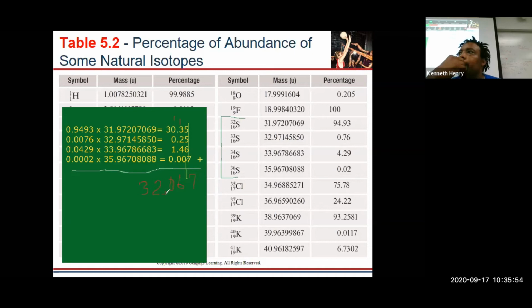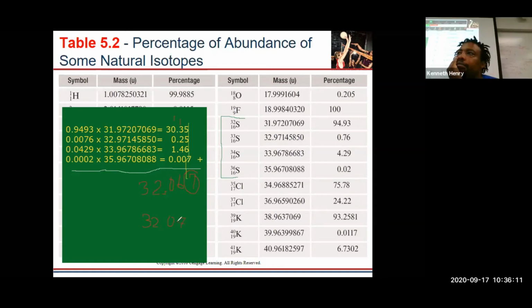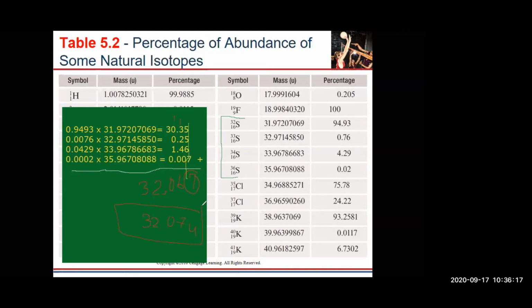Okay, so what am I going to use to determine whether I'm rounding up or rounding down? The 7. 32.07. Okay, in units. That's it. Piece of cake. That wasn't too bad.